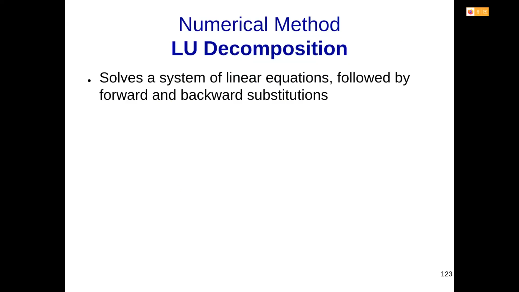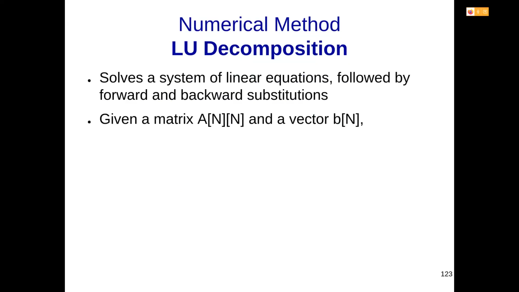The second aspect, or rather the next step of LU, is the LU decomposition, which also is part of some numerical methods where we solve a system of equations, right? Where there are substitutions happening. So given a matrix A and a vector B, I want to find X such that AX equals B, right?